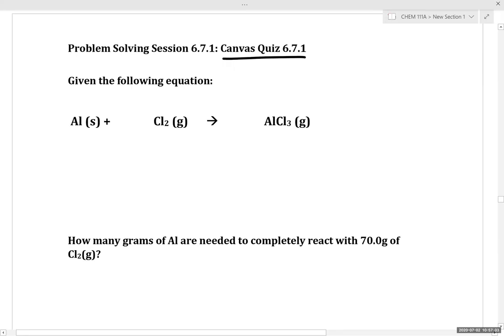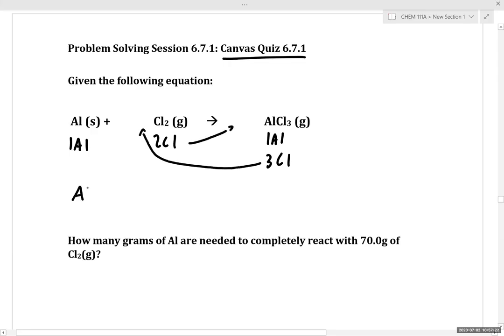Okay, so let's balance the equation. On the left, we have 1 aluminum and 2 chlorines. On the right, we have 1 aluminum and 3 chlorines. Okay, so to balance out chlorine, we're going to use the least common multiple rule.